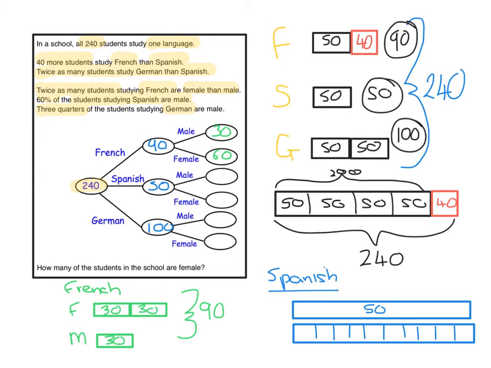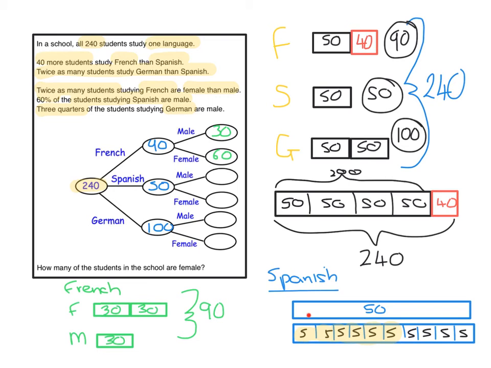So that's 50 divided by 10 is 5, so there's going to be 5 in each box. So one of those little boxes is 10%. I want 60%, so I need to find 10, 20, 30, 40, 50, 60.